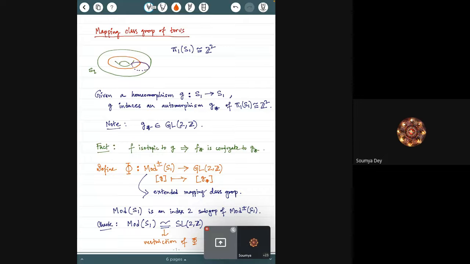Okay, and the set of all automorphisms of Z cross Z is nothing but GL2Z, the 2 cross 2 invertible matrices with entries in the integers Z. So our G star belongs here, GL2Z.